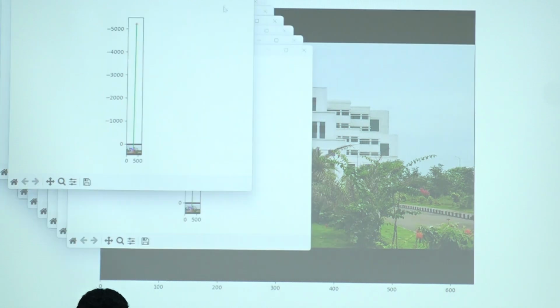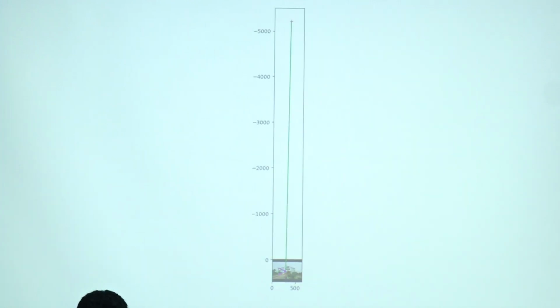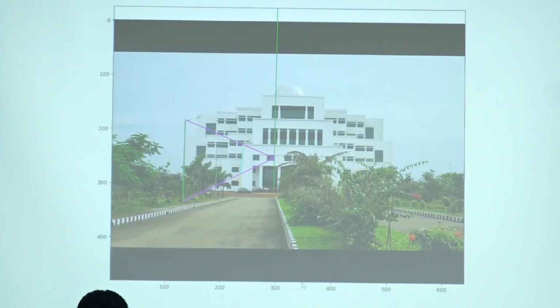And here I can see the same thing for the column, right? So the pole is shorter than the column based on those vanishing lines.